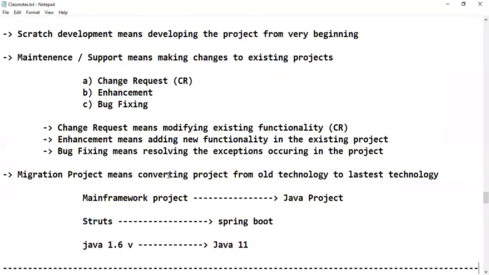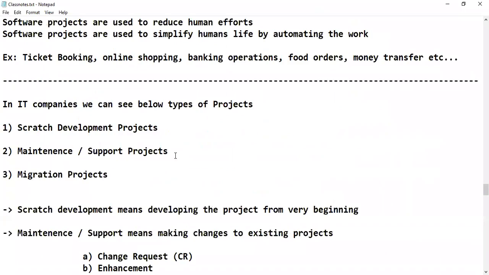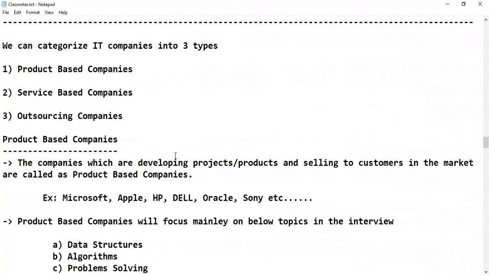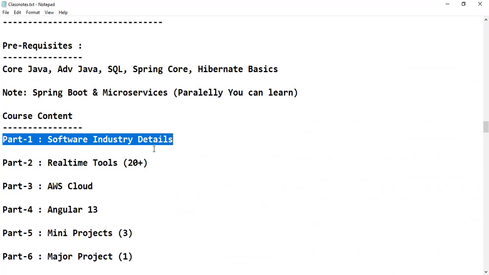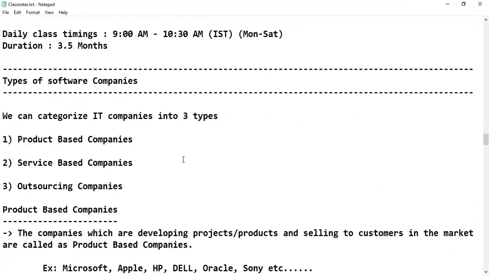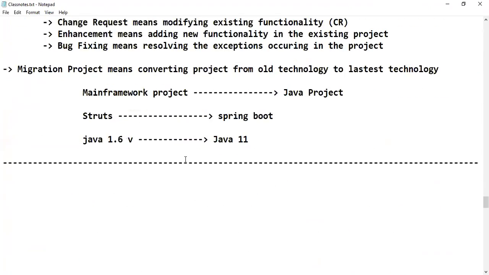Those things I am going to discuss in tomorrow's session. Part 1 started today, software industry details. Tomorrow we'll talk about types of software jobs and types of teams available in the company, and how the work will be in the company.